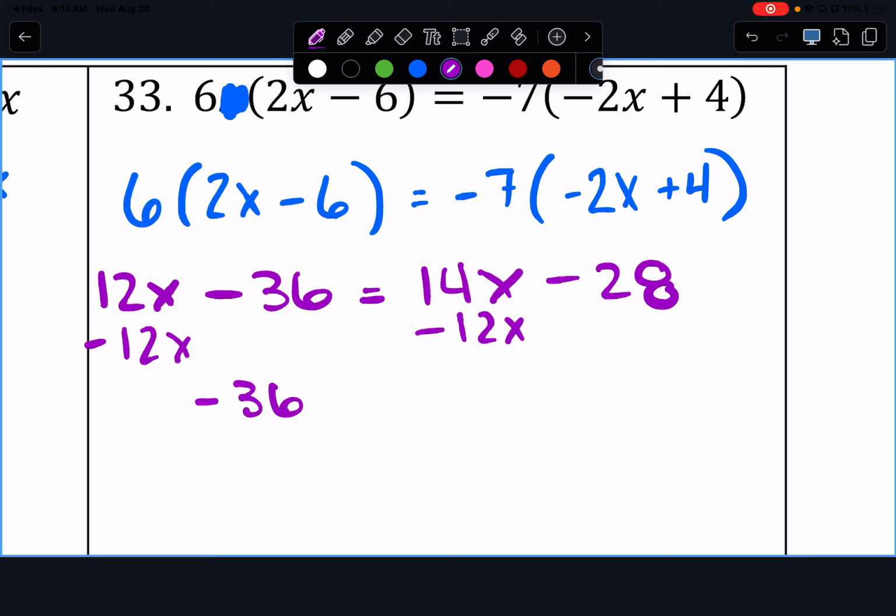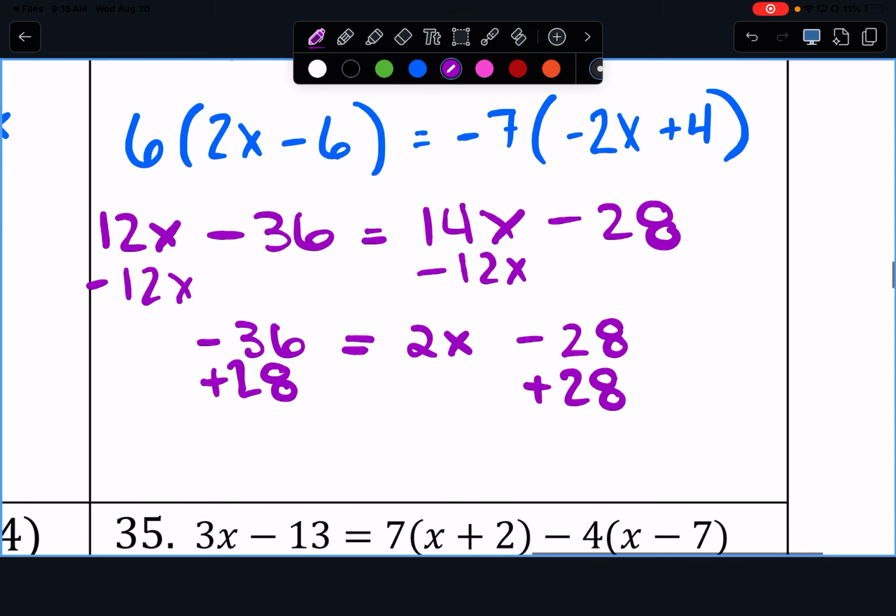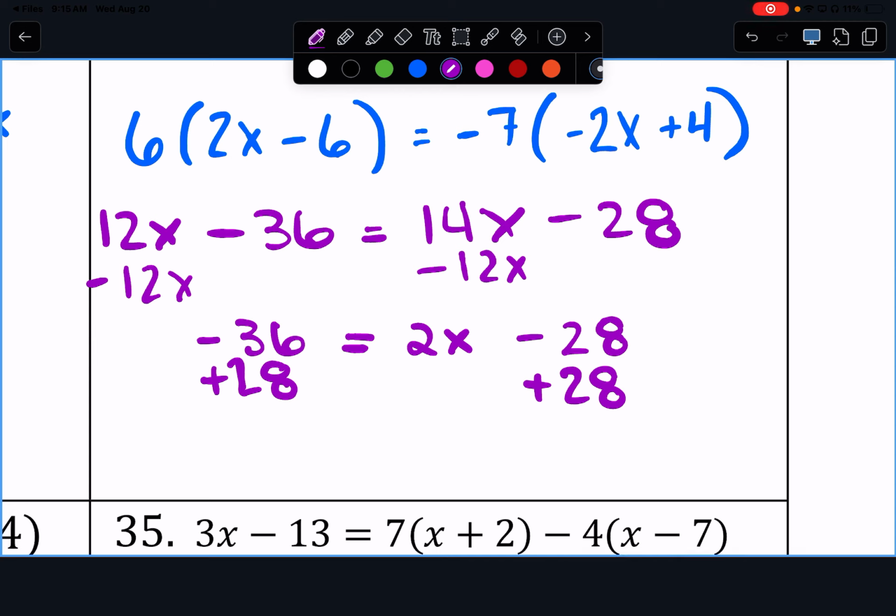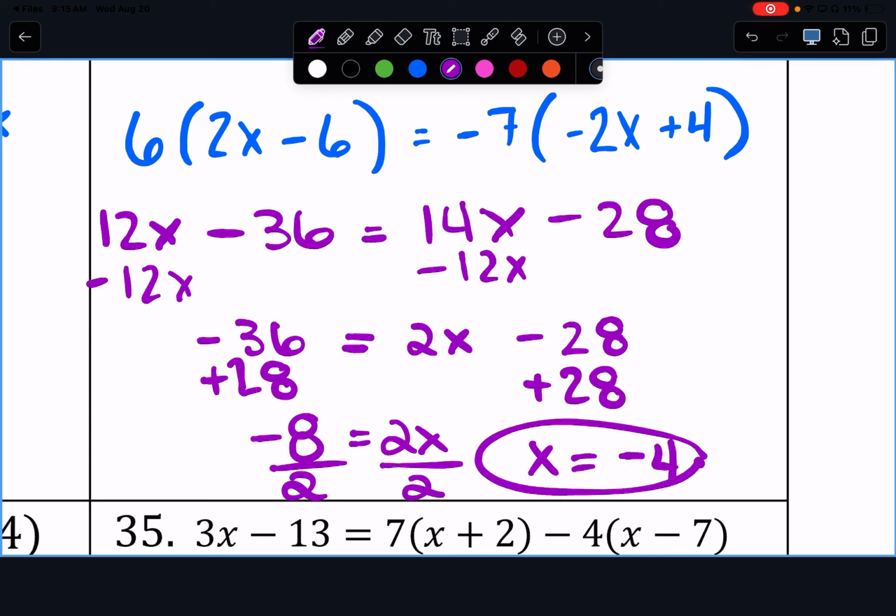So negative 36 is equal to 2x minus 28. What else do I need to do? Plus 28. Negative 36 plus 28 is? Negative 8 is equal to 2x. What do I do from there? And so what does x equal? Negative 4. Yep.